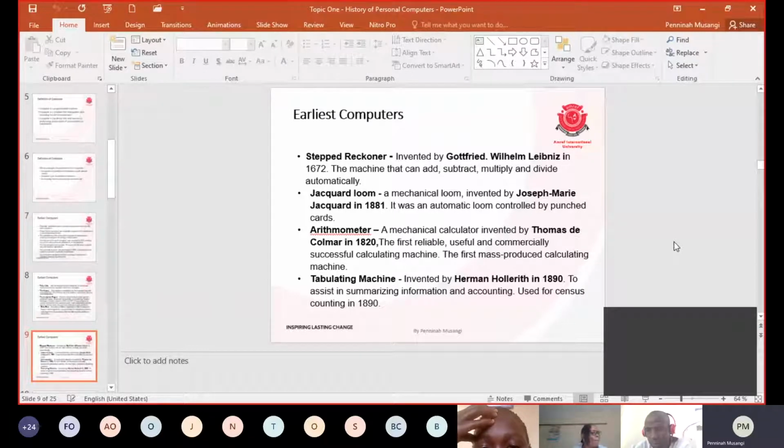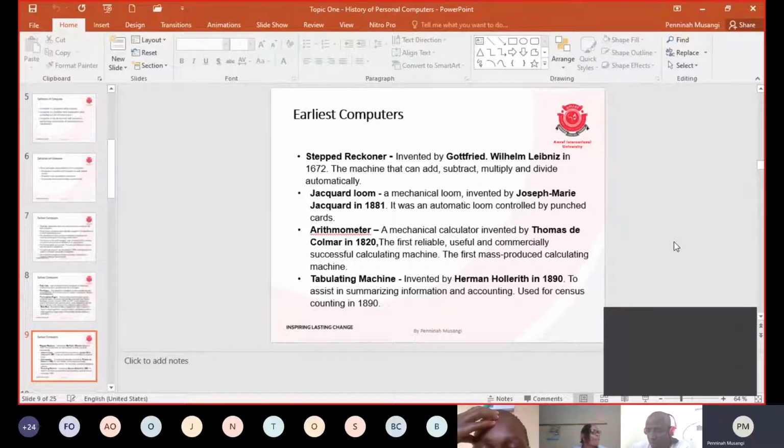We had the Jacquard loom, also another form of early computer, and this was a mechanical loom. A loom is used in the cloth industry to design and to weave fabrics. So Joseph Marie Jacquard invented this Jacquard loom.